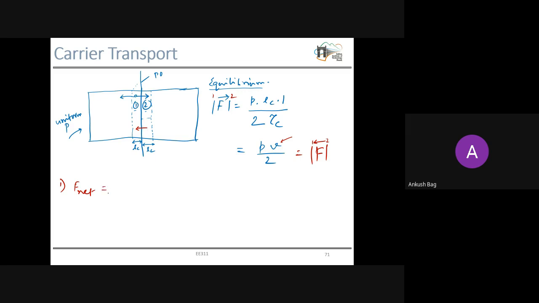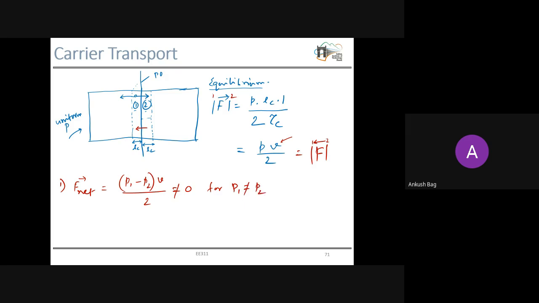Now if we want to have some net flux, what can happen? Either we can have a difference in P1 and P2, divided by 2. This is not equal to 0 for P1 not equal to P2.